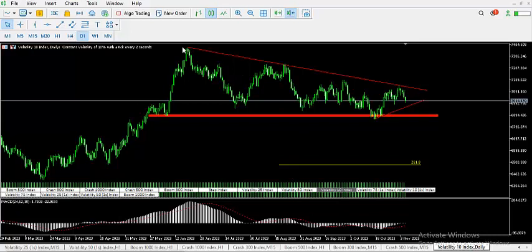You can see from here there is a trend line, meaning that this volatility 10 is on a sell trend. So we can go to our 15 minutes or 1 hour to continue taking the sell continuation.